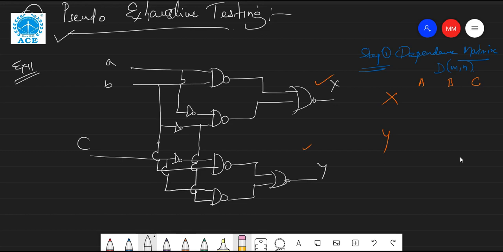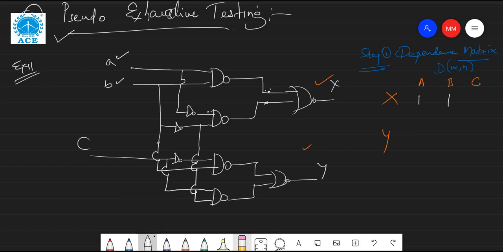So this is X, the output of this NOR gate, and we have two inputs, these two. So it depends on A and B, so I'm making this high.